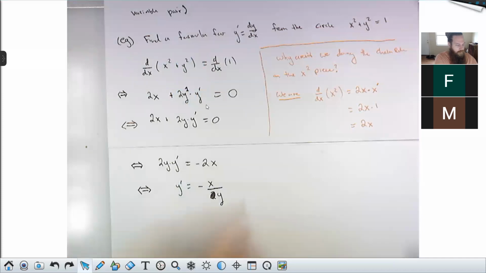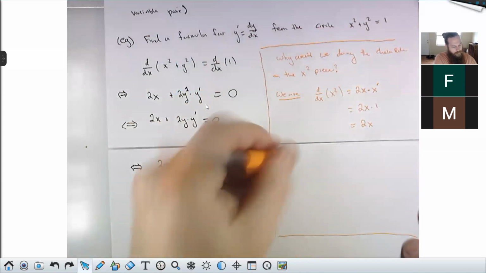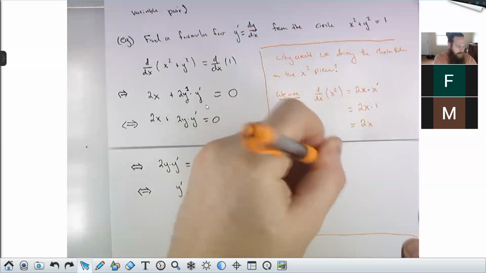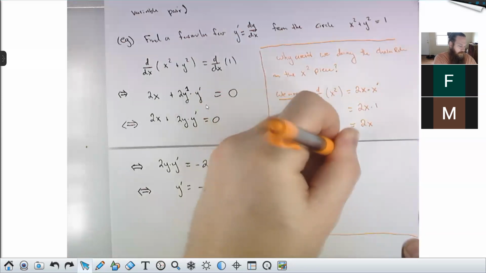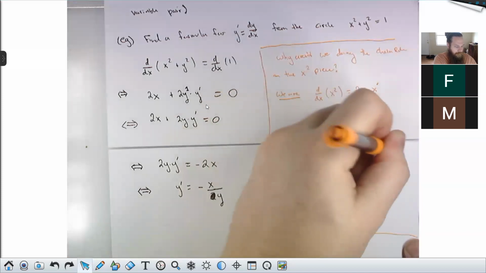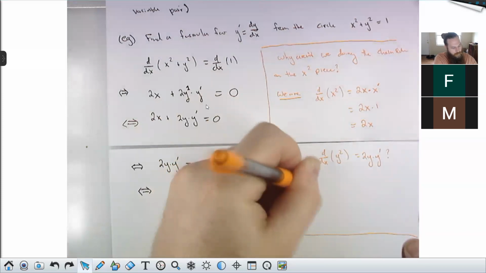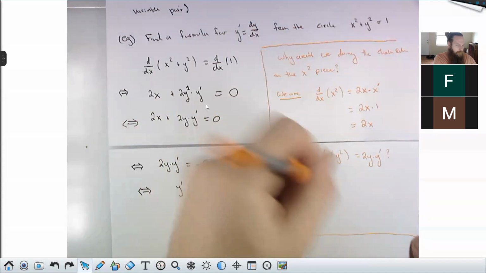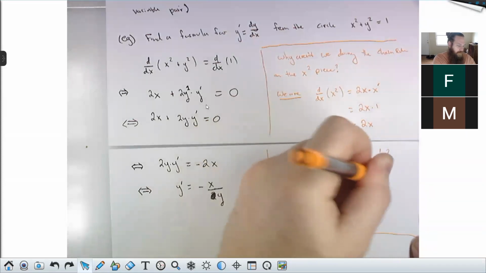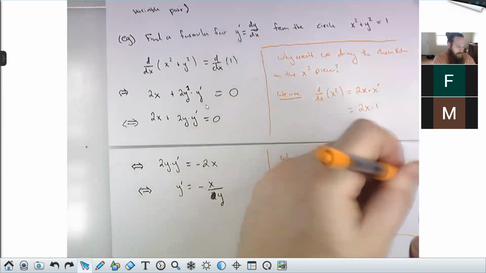Another way you can think of this is to write it down, right? Why is d dx of y squared equal to 2y y prime? Well, y is a function of x. We could write y equals g of x.